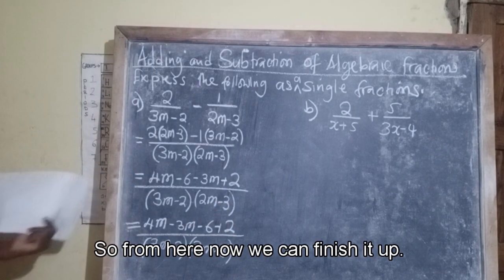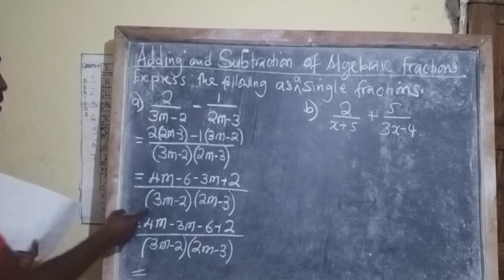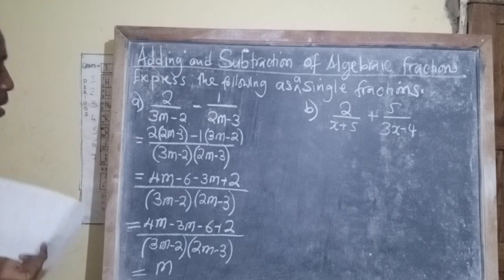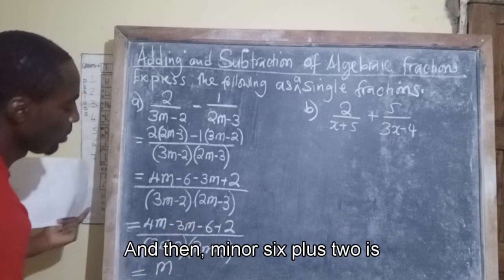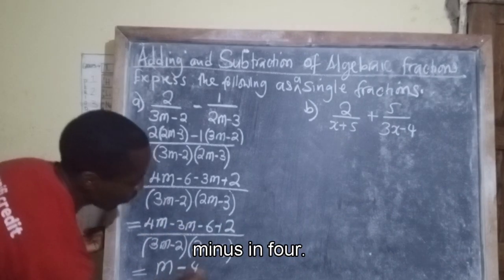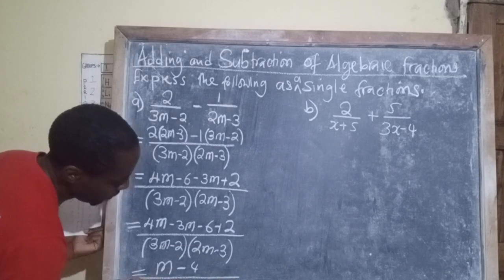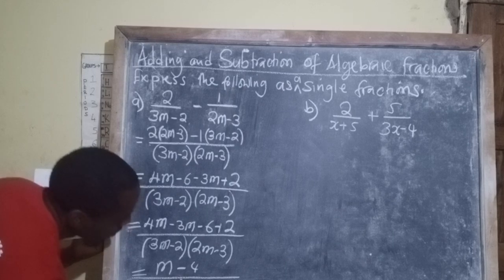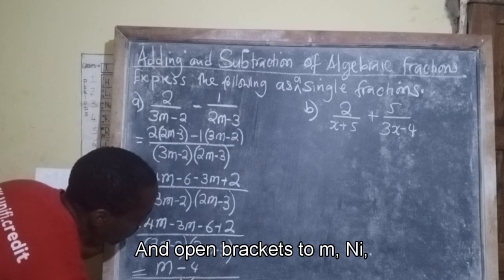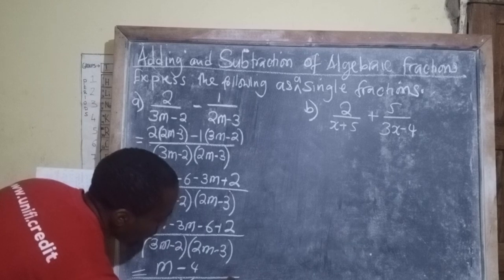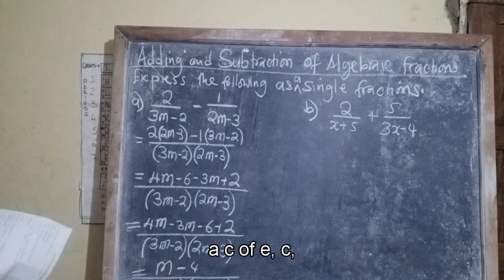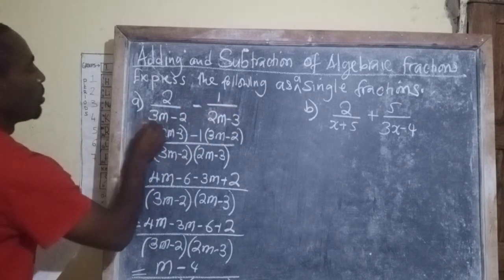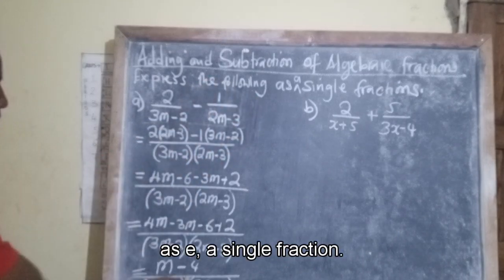So from here now we can finish it up and this will be 4m minus 3m, which will become m, and then minus 6 plus 2, this will become minus 4, and then over our common denominator, which is 3m minus 2 and open brackets 2m minus 3, and this completes the simplifying or the expressing of this fraction as a single fraction.